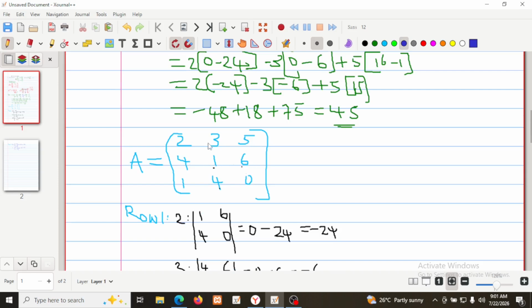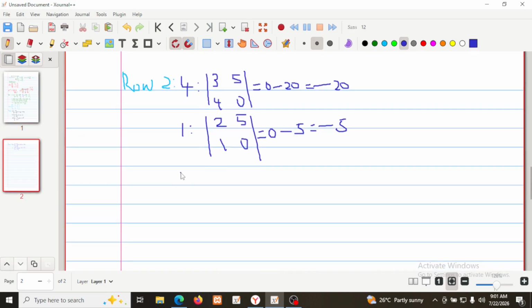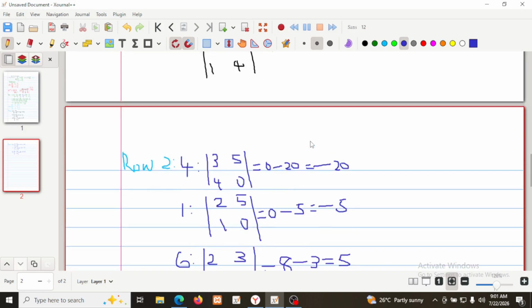Then we proceed to 6. Block this row and column, 2, 3, 1, 4. So for 6 we have 2, 3, 1, 4, which will give us 2 times 4, this is 8, minus 3, which is 5. Okay, so this gives us negative 20, negative 5 and 5.